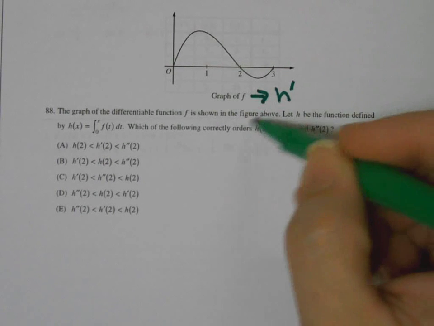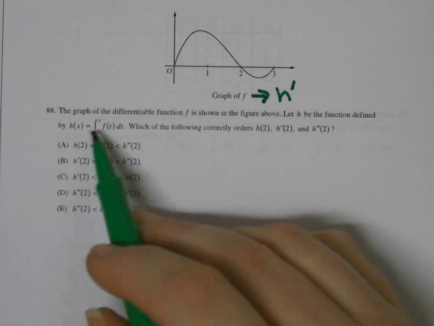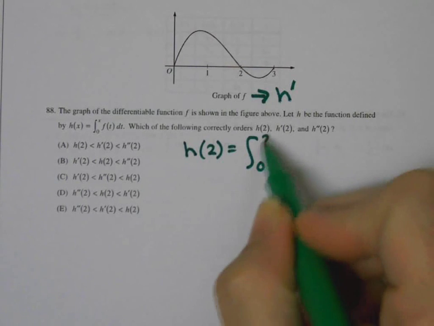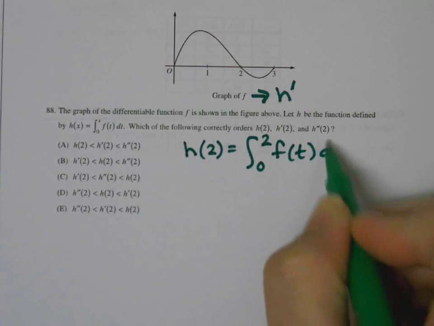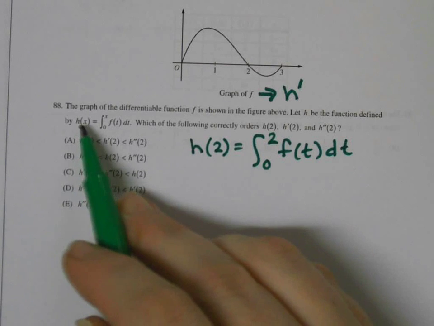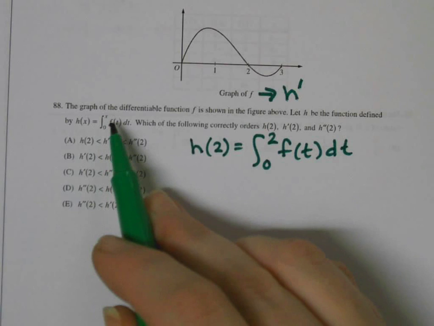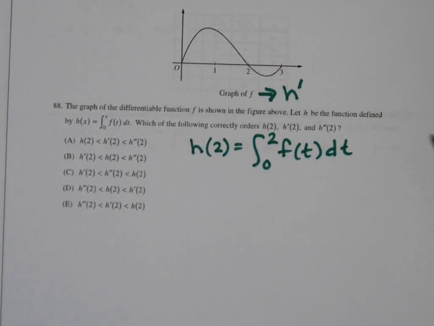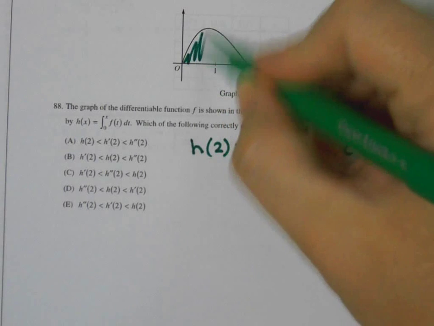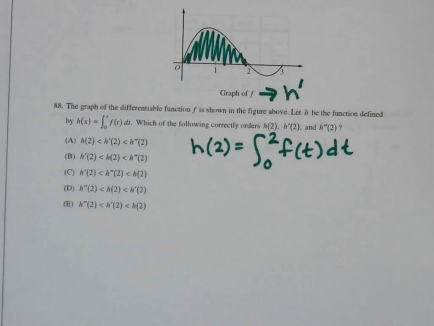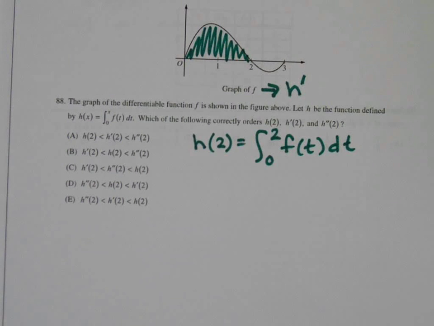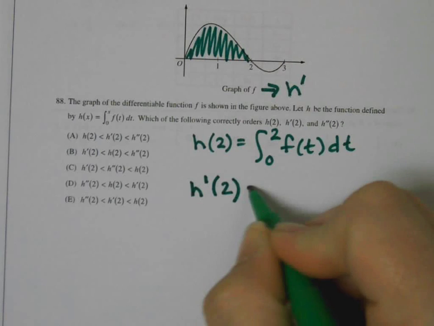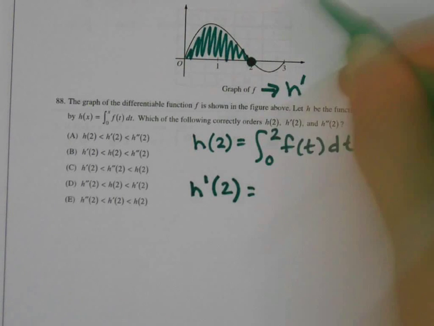Alright, so positive y values with positive slope, and then negative y values with negative slope. So it has positive y values and positive slope starting wherever this minimum is all the way to this maximum. And then it has negative y values and negative slope starting wherever this 0 is. So we're going to find the minimum, the maximum, so we know what those 2 points are, and then we're going to find the 0.